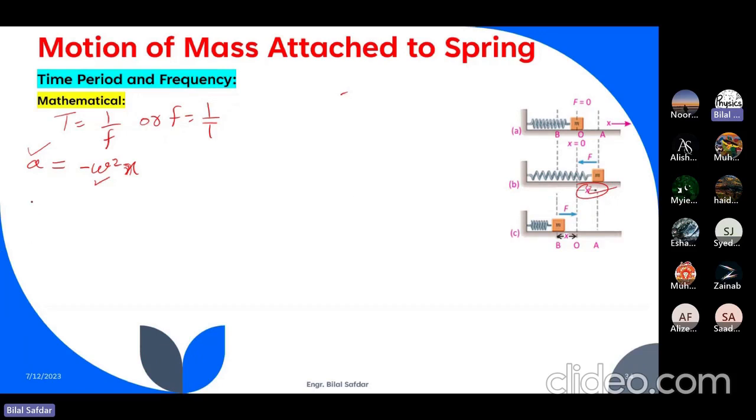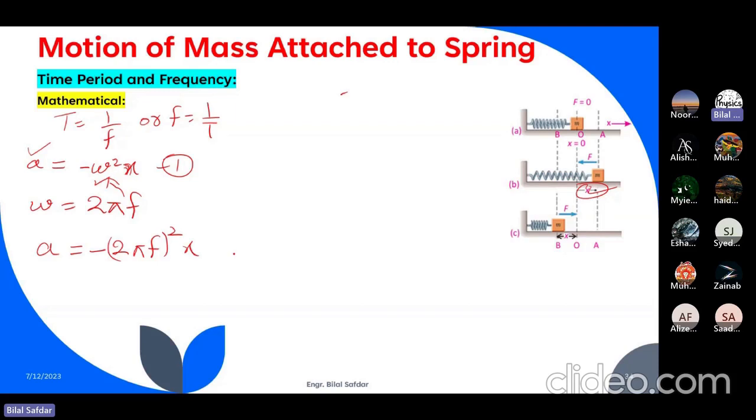Omega is angular frequency, and the formula of omega is equal to 2 pi f. We have to replace this 2 pi f in the first equation, then we get acceleration is equal to minus 2 pi f whole square x.